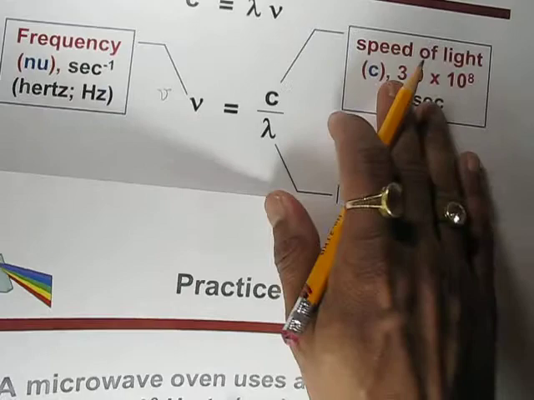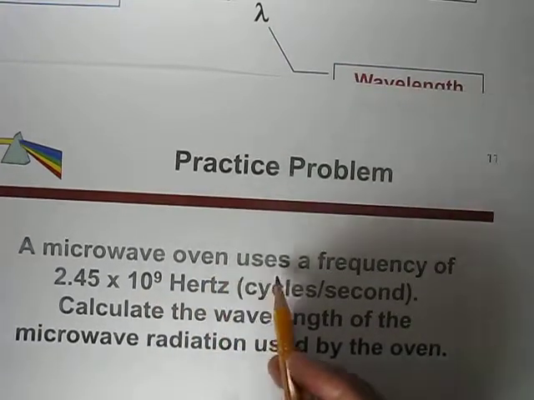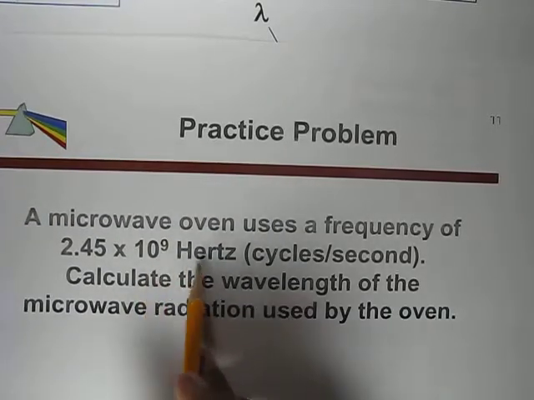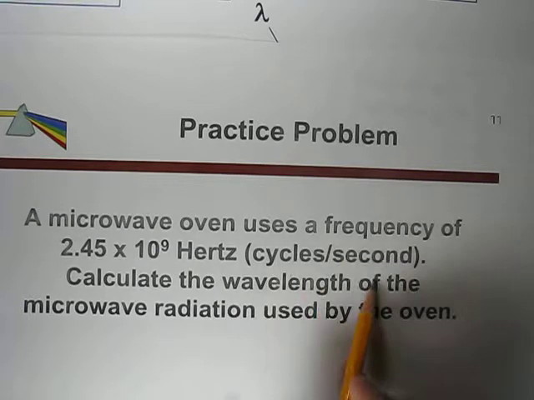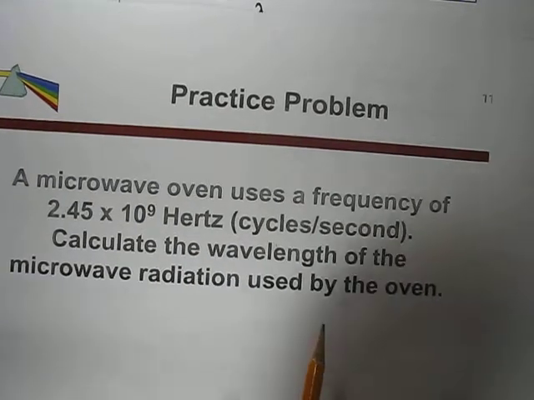So this formula is very important for us to remember. And let's talk about one question here. A microwave oven uses a frequency of 2.45 times 10 to the power 9 hertz, cycles per second. Calculate the wavelength of the microwave radiation used by the oven.